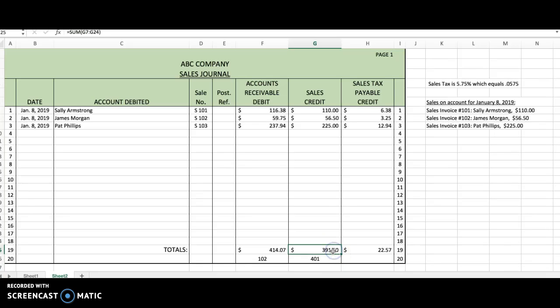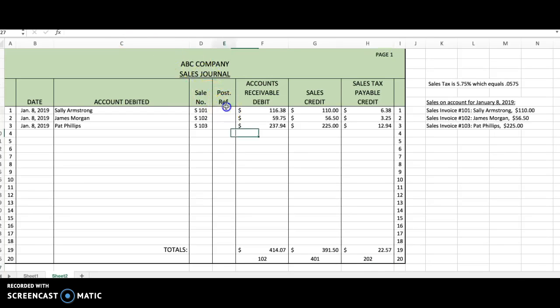That means the total has been posted to the general ledger into sales. Then we do the same thing, sales tax payable, maybe account 202, and we post that to that account in the ledger. We don't have the ledger here, but that's where we go. So that's how the totals look after they've been posted.